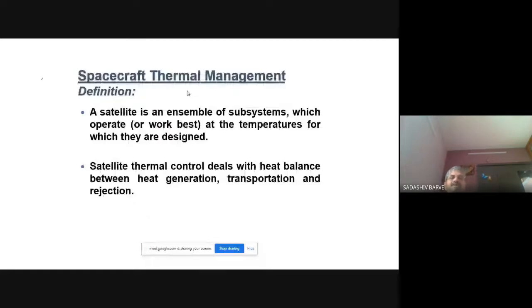Because a satellite assembly is a total combination of various subsystems which operate at their best at the temperature or temperature range for which they are designed. For example, you must know that most electronics packages work very efficiently at room temperature.